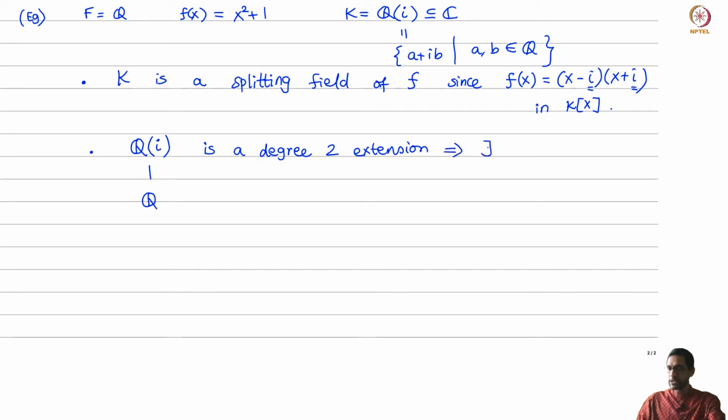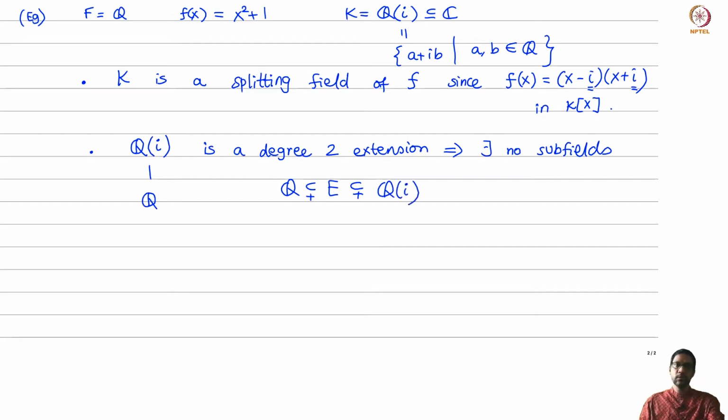So there exists no subfield E which is strictly between Q and Q(i).